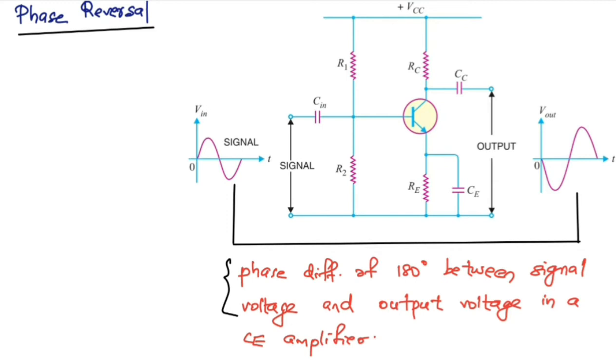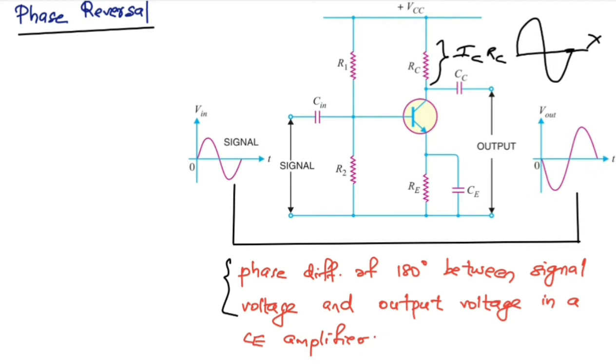We can take the output across RC, that is IC into RC, and then we get the same phase. But here we are not considering that. We can also say that the input signal is 180-degree out of phase with the output.